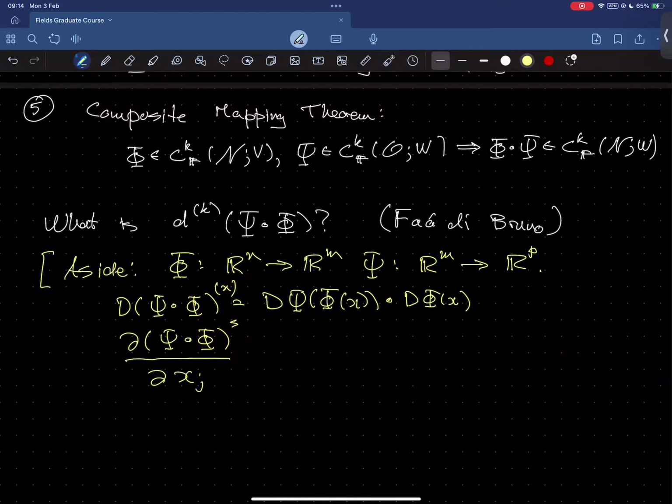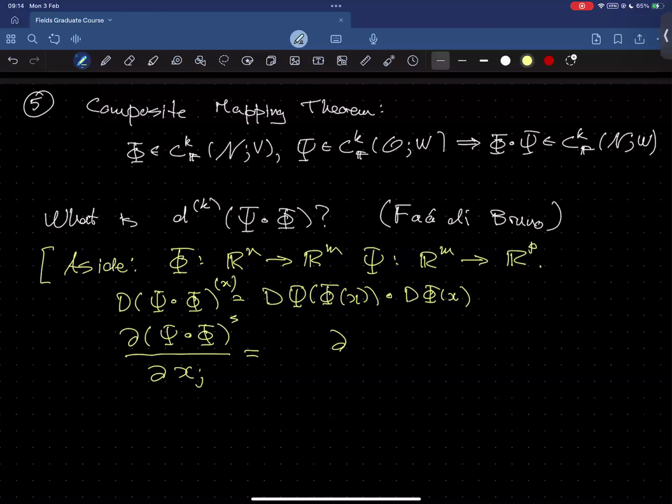This formula simply reads like this. It reads d psi. I'm sorry, there's going to be a sum here that I'll put in. I'll give myself some space. So d psi.